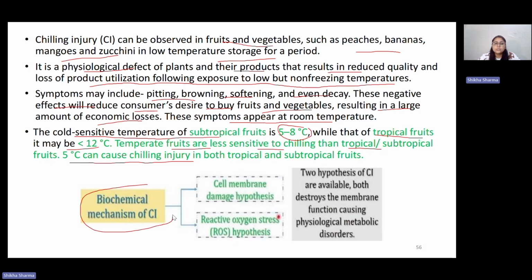So the biochemical mechanism behind chilling injury is the cell membrane damage hypothesis and the reactive oxygen stress hypothesis. These two hypotheses tell that the cell membrane function is disrupted. That's why physiological metabolic disorders can be observed.